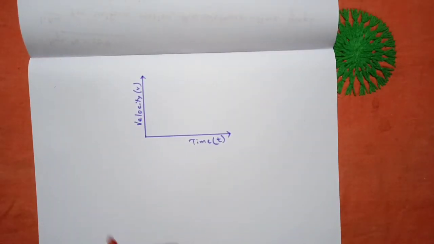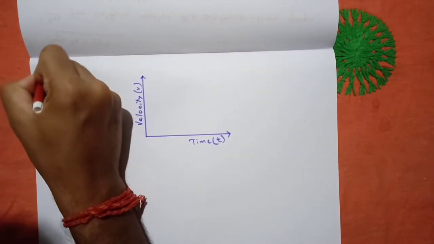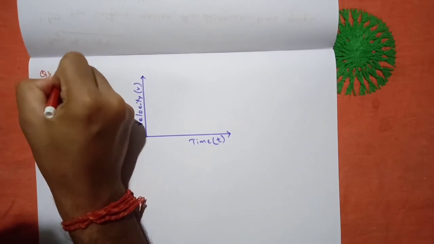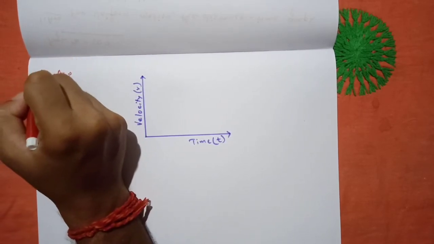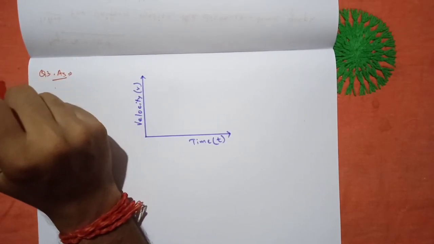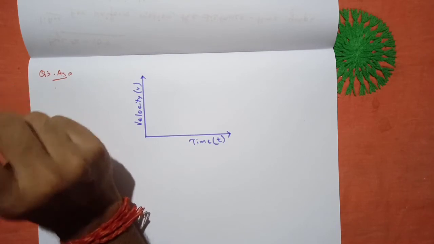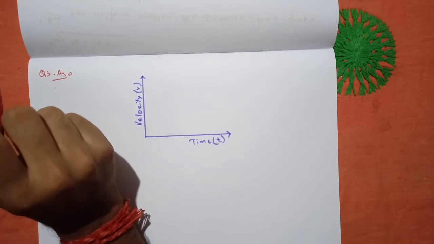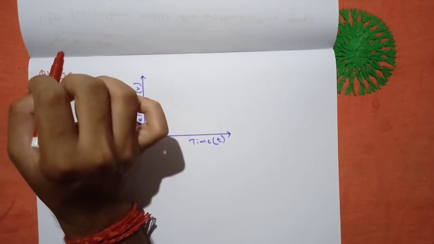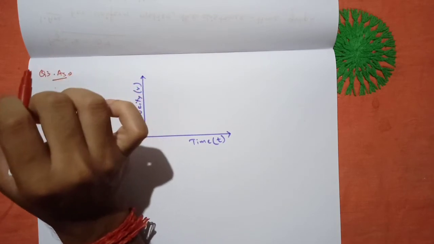So now the third question is, what can you say about the motion of an object if its speed time graph is a straight line parallel to the time axis?